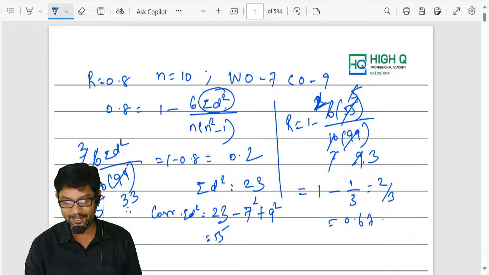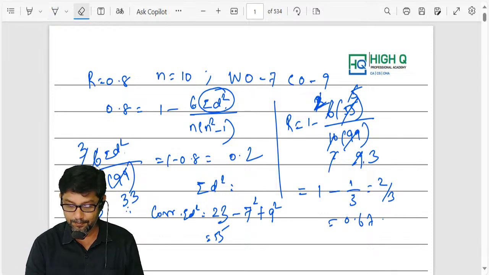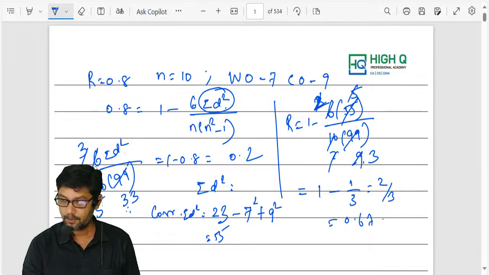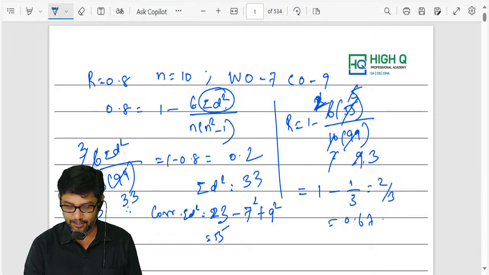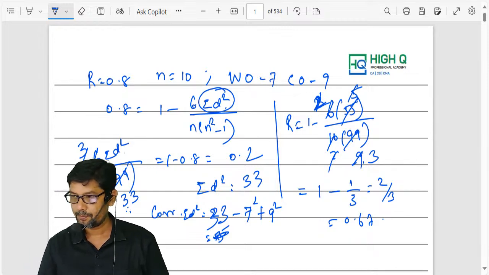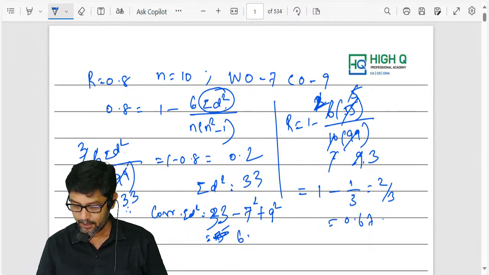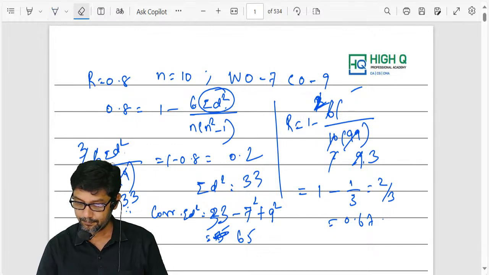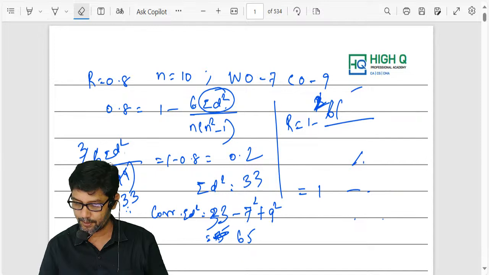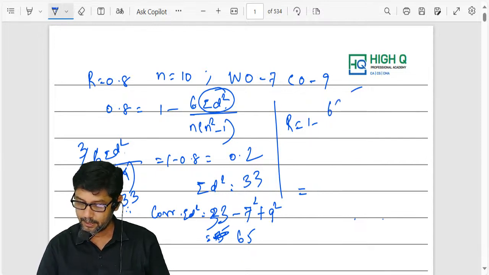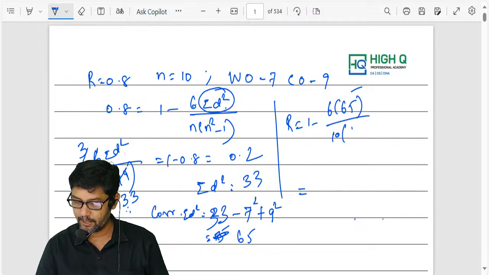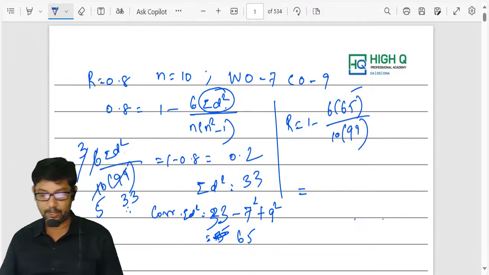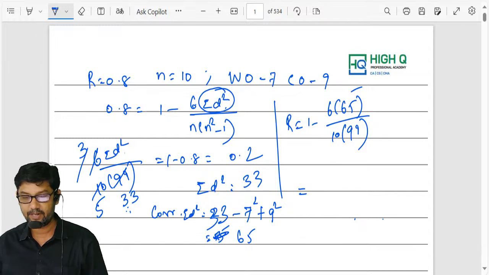Ah, right, 165. 165 into 0.2 is actually 33. Now tell me, 33 minus 7 square plus 9 square. 65. See, what a blunder. So 6 into 65 divided by 10 into 99. Can you please check what answer you are getting, my dear? 6 into 65 divided by 990.